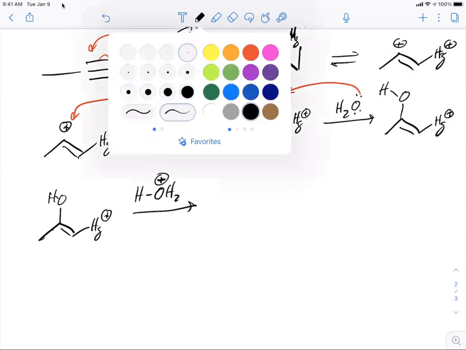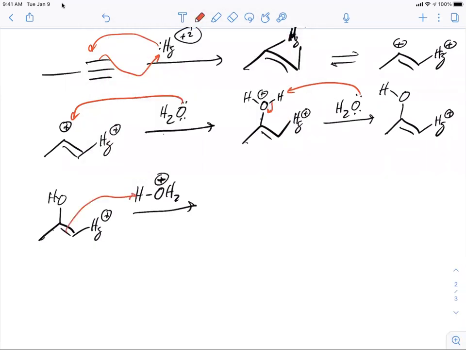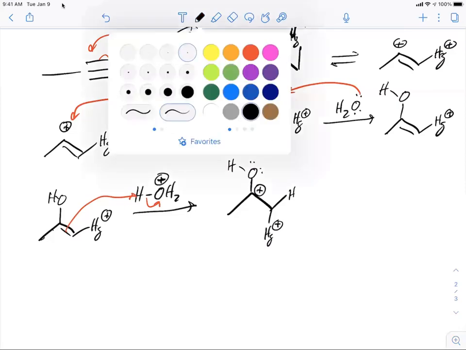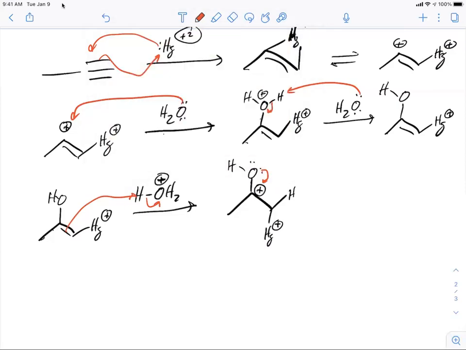So now we get a protonation. Add the proton in. And the electrons, oops, don't forget your positive. There's a positive there. Then this comes down to the positive.